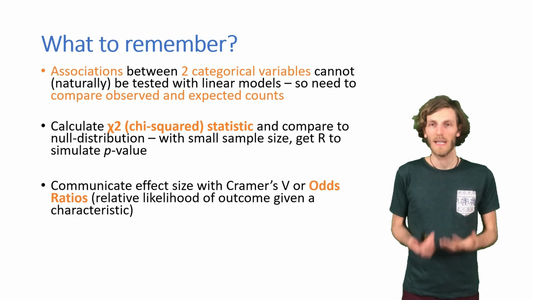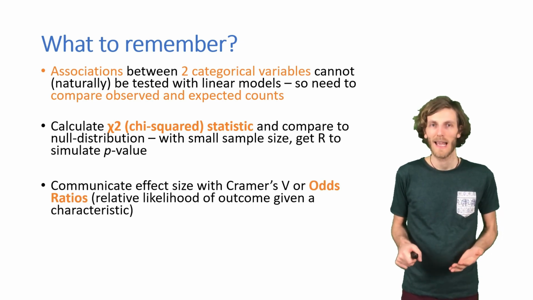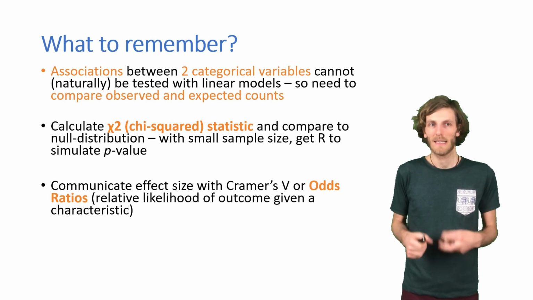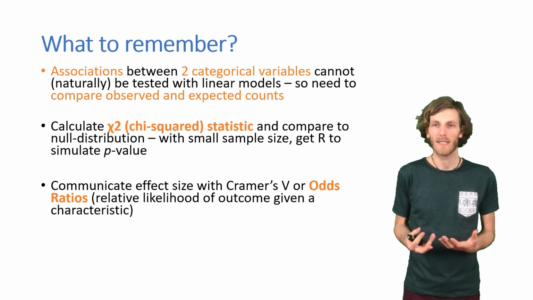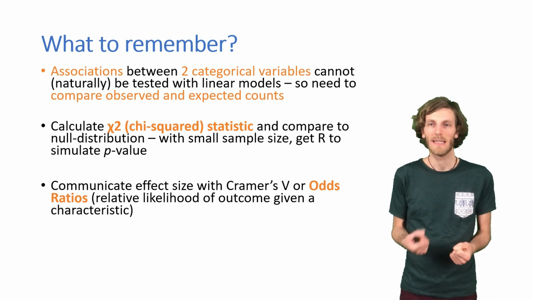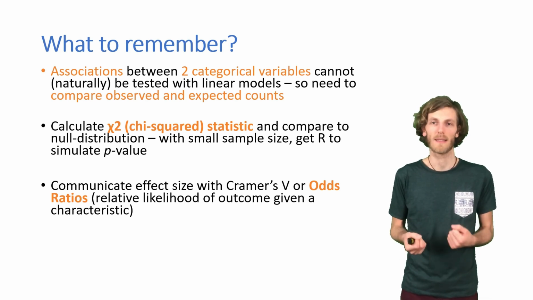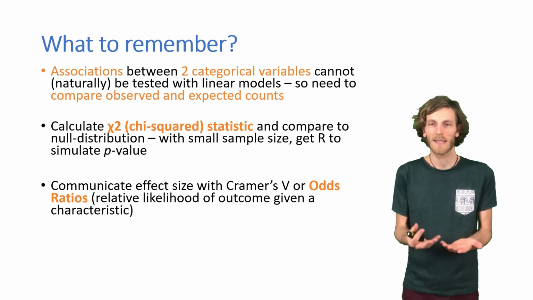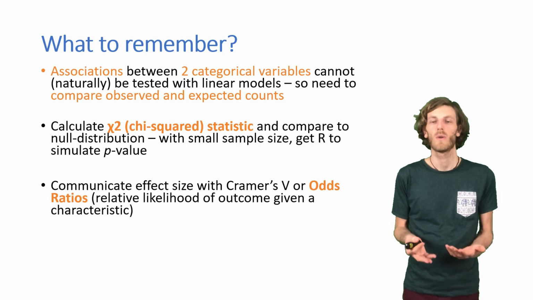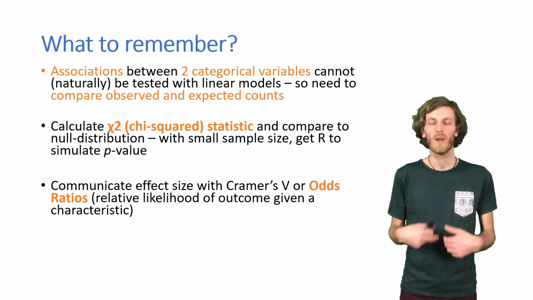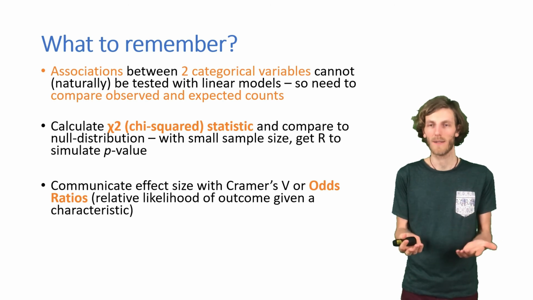It's important to communicate effect sizes, and the easiest way to do that is by calculating odds ratios. They are about as intuitive as unstandardized regression coefficients. And we want to be able to tell people something that they understand. So, an unstandardized regression coefficient would be saying, well, if you're 10 centimeters taller, you earn on average 500 pounds more.